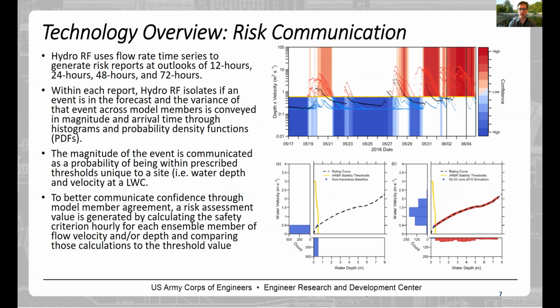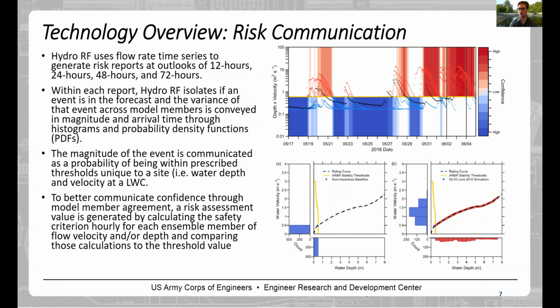And this helps us to better communicate to the stakeholder, in this case, the military installation or the decision maker, what the confidence of our assessment is. So are we highly confident in this forecast risk assessment, or do we have less confidence? And this is, again, how we get back to what I said originally.